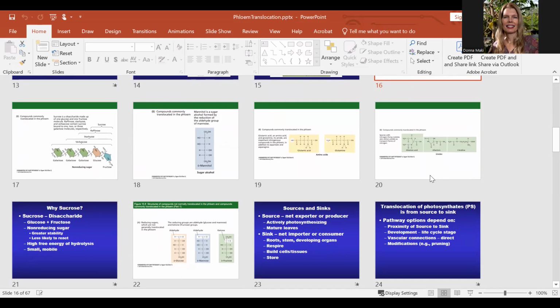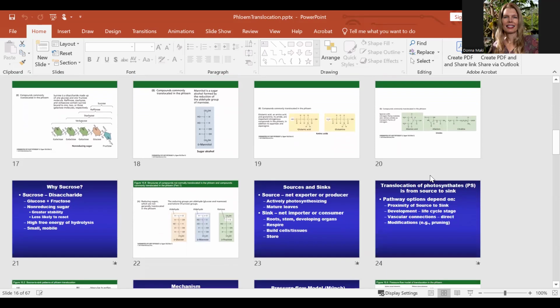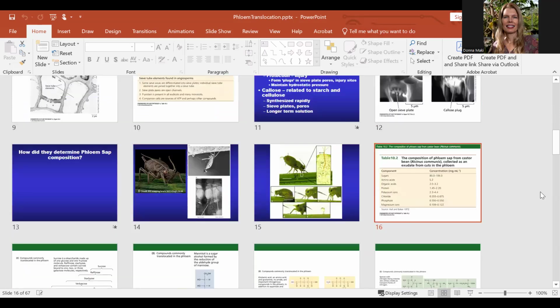So the idea that sucrose is small, it's a simple disaccharide, you get a little bit of energy when you split that bond between the glucose and fructose. Okay, so some of the more simple things, those are good for multiple choice.